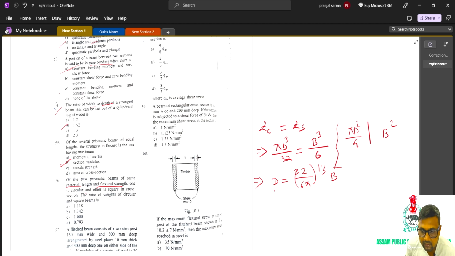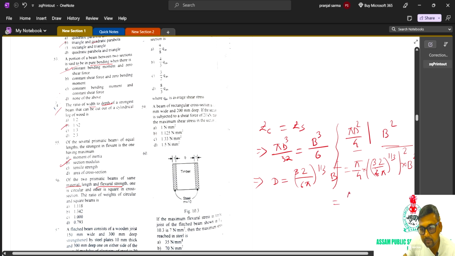Now you can see here the value of d is expressed in terms of b. Now if I find this value, let me find pi by 4 into d square. What is d square? It is (32 by 6 pi) to the power 1 by 3, squared, into b square.